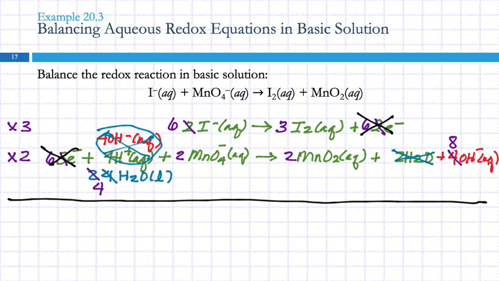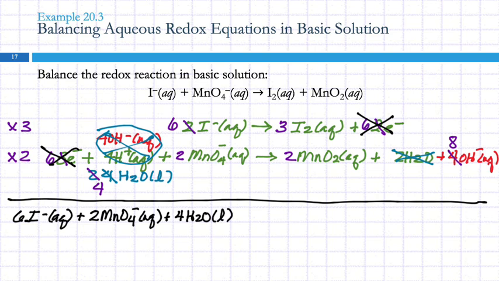And copy down what's left. 6I minus plus 2 MnO4 minus plus 4 H2O liquid. There will be times where you might have H2Os up here as well, and so you may have to cancel H2Os as you're adding these together. In this example, we don't have that happening.